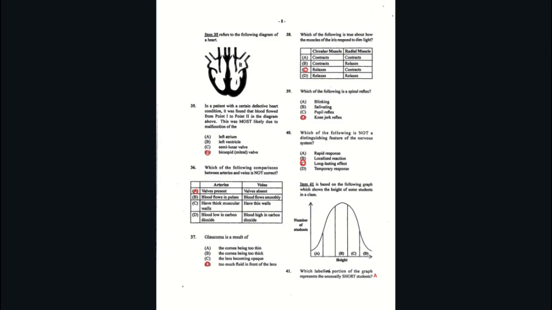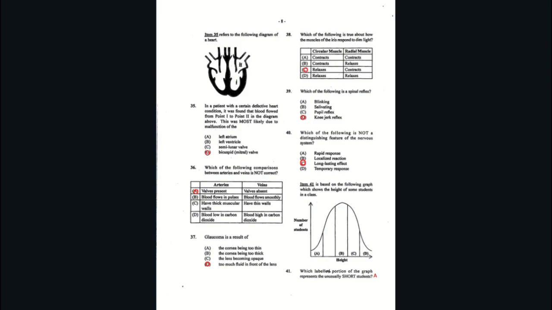That's not true. Only veins have valves, right? And valves are there to prevent the backflow of blood. So we know what is not correct. A is not correct, and we don't even have to look any further.